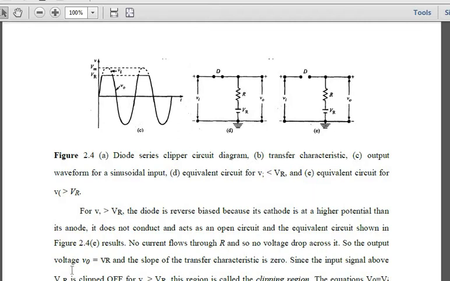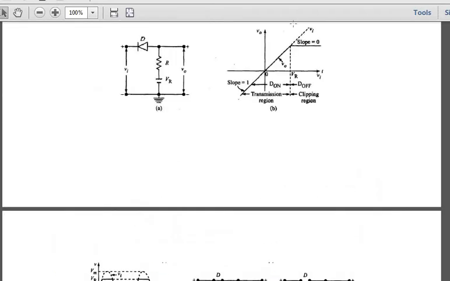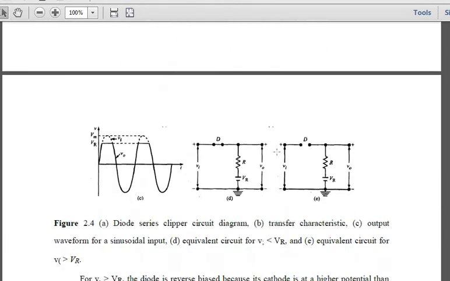So what will be the output now, because you have applied Vi and your diode is in open condition, so there is no current flowing. That's the reason your output V0 will be equal to the reference voltage Vr, and the slope of the transfer characteristics will be 0. Here at this part, the slope will be 0. Here we will have a slope of 1, and here the slope will be 0.